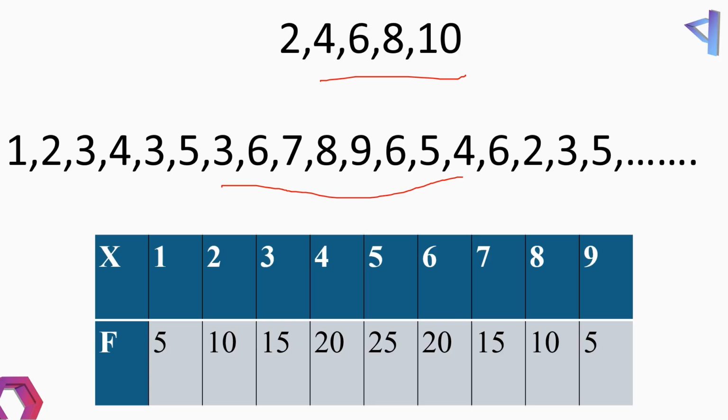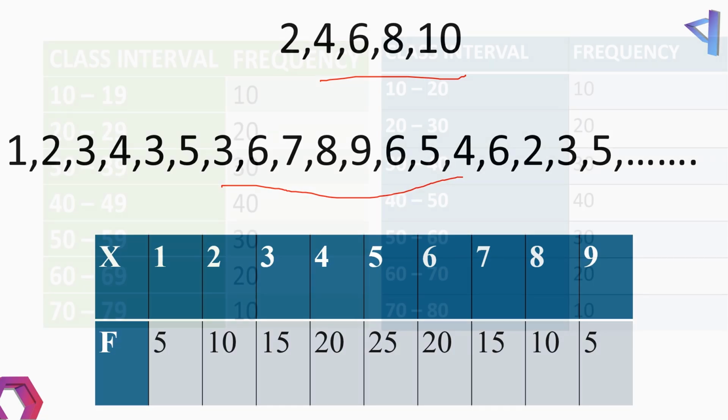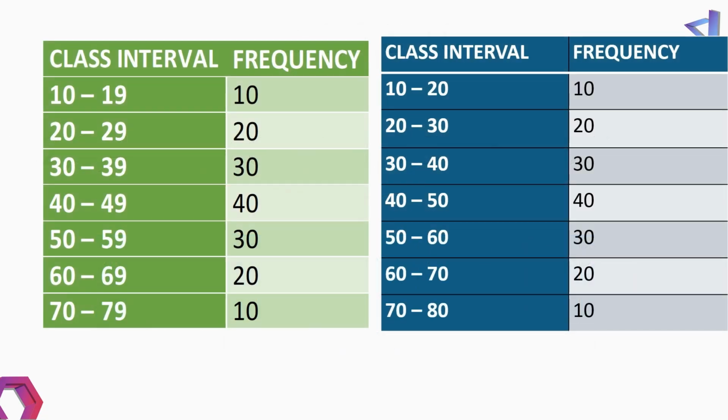It may be available as raw data in this form, or this discrete type of data, or grouped continuous data, which may follow either the inclusive or exclusive classification.